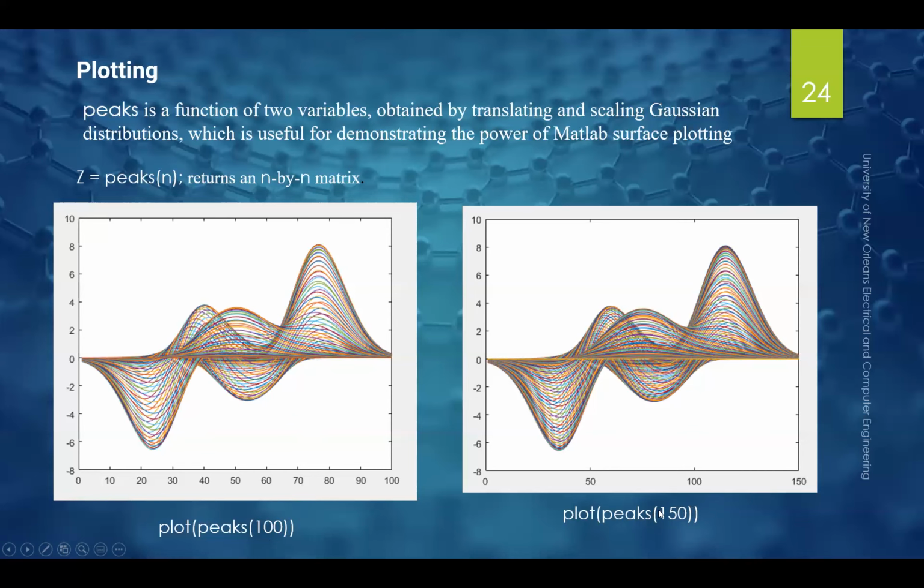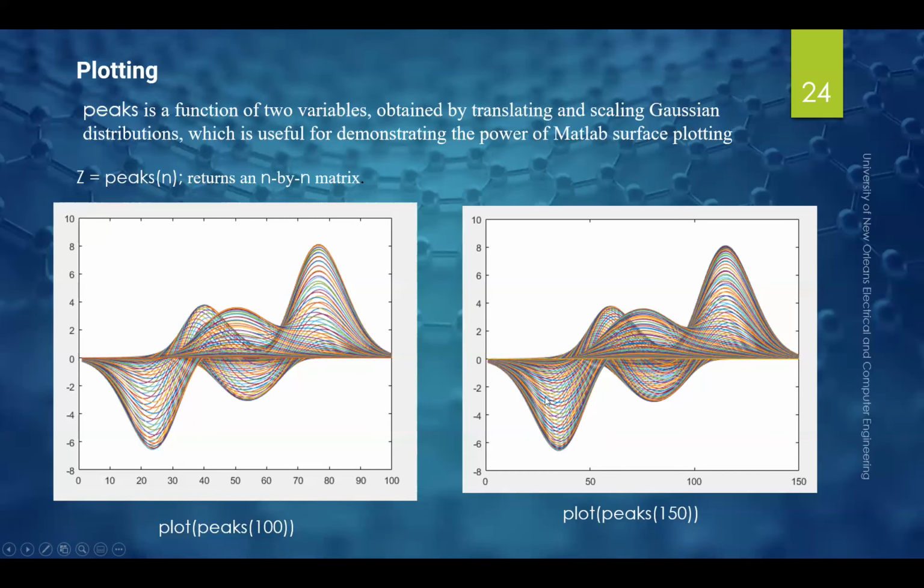We have increased that number to 150 here, so you have a 150 by 150 matrix. The peaks function creates that matrix, and each of the columns is then plotted.